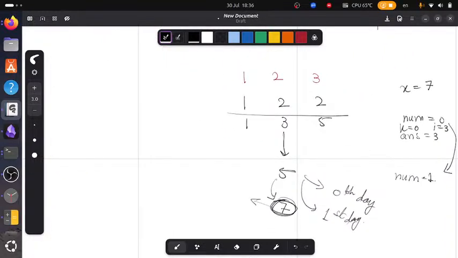So the idea here is that a of I gets incremented with I times k, and this still remains smaller than or equal to x.